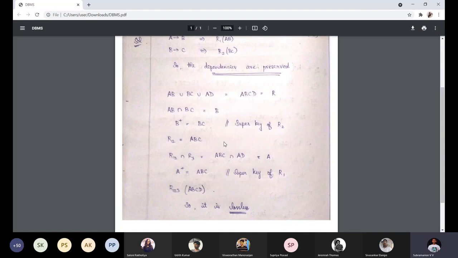Merging those relations gives R12 as ABC, and then taking R3 into account, the intersection of R12 and R3 is ABC intersection AD, which is A. The closure of A would be ABC because A gives B and then B gives C. So ABC is again a super key of R1. So we can merge them, and R123 would be ABCD, which is equal to the original relation. So all three conditions are satisfied, and the decomposition is lossless.